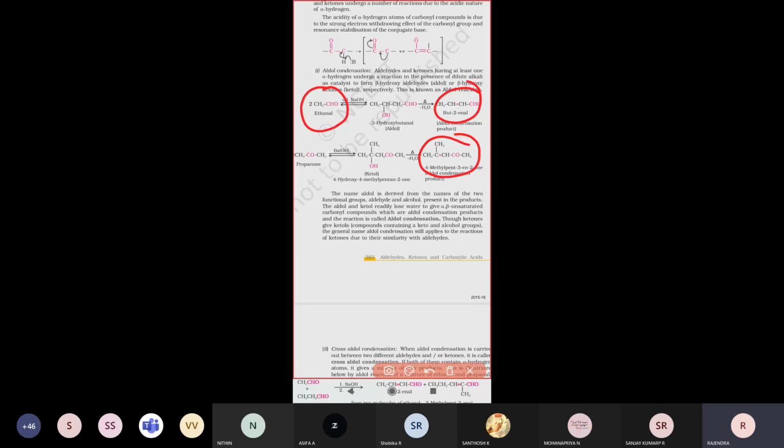First of all, see the explanation they have given. The name aldol is derived from the names of the two functional groups present in the product: one is aldehyde and the other is alcohol. Alcohol is present as well as aldehyde, so we call it aldol.